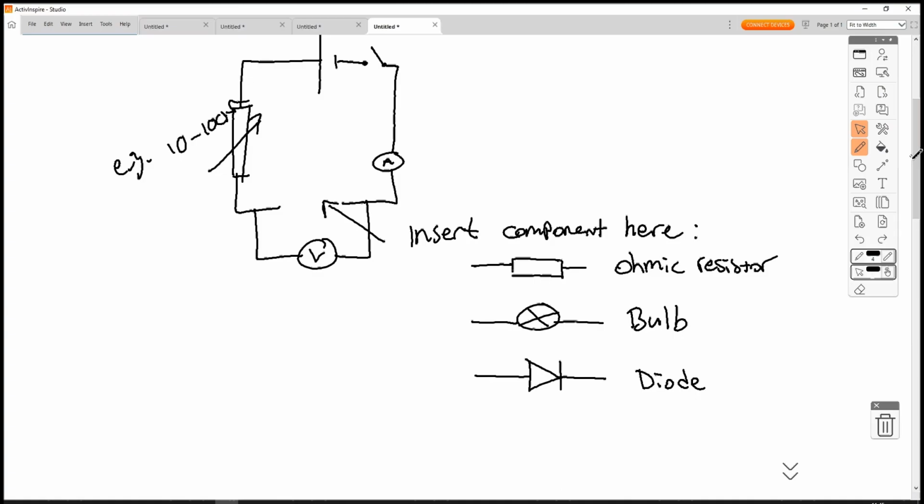So for example, it might be 6 volts in. Now when we jump over any components, so the variable resistor and the component we're going to put in the gap, we're going to lose some potential difference. So if the variable resistor is set to a high value, then it's going to take more potential difference, and there's going to be less potential difference left for our component that we insert into that gap.